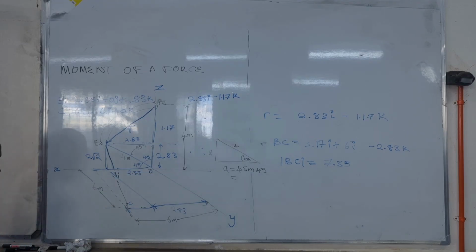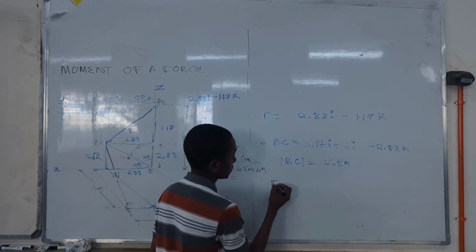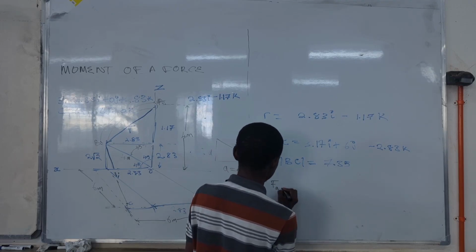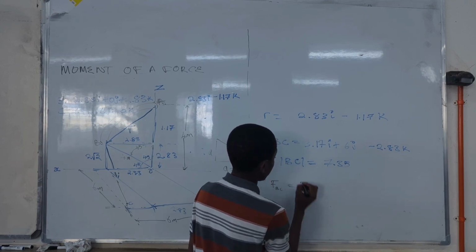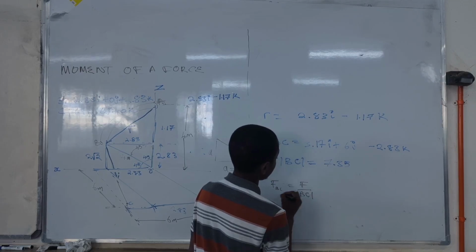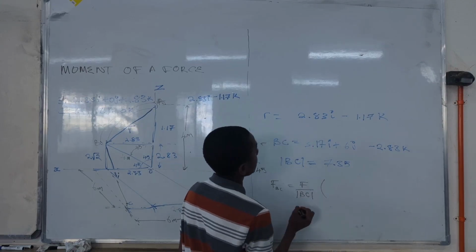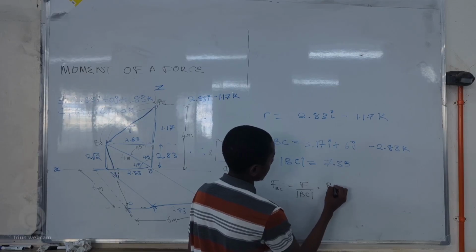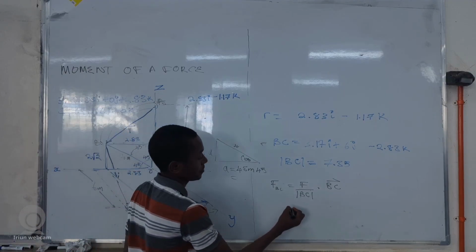Alright, so now we just have to resolve our force into Cartesian form. Force BC is going to be equal to the magnitude of our force over the magnitude of our vector times the vector. So we replace.